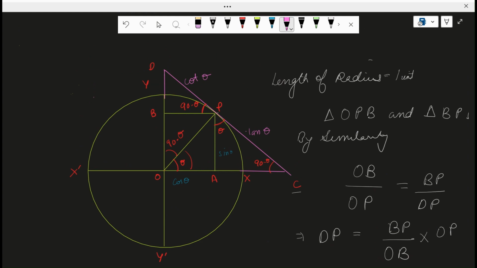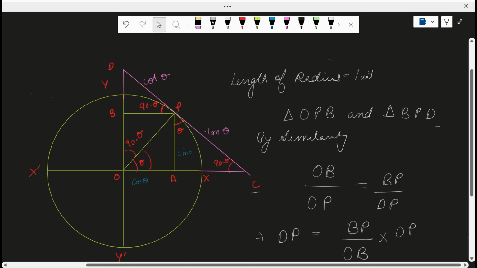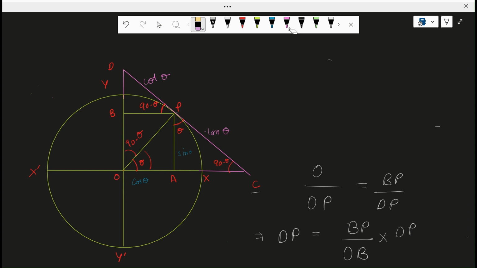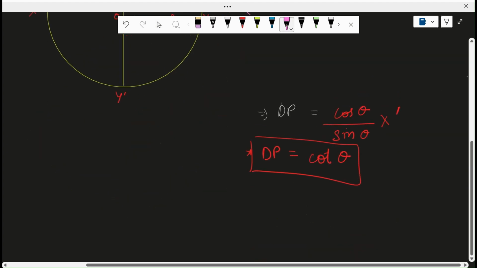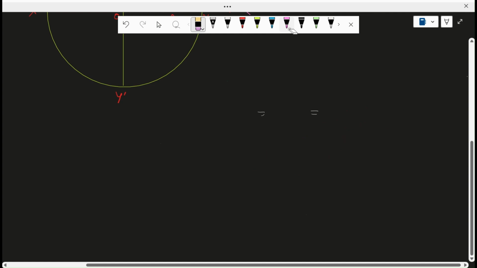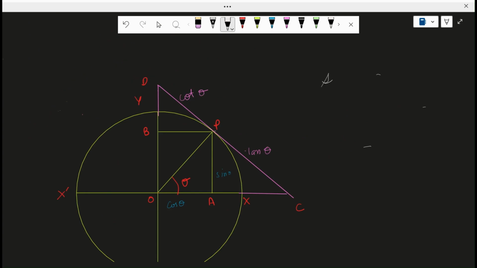Now let us move on to how we can find the values of cosecant and secant. Let us first calculate secant theta.